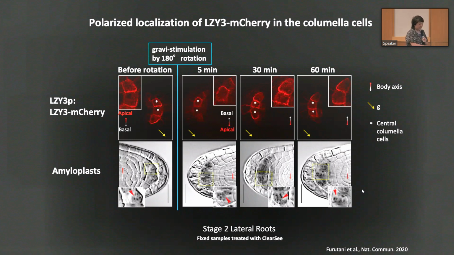At that time, amyloplast displacement was also observed, indicating a strong correlation between LZY3 repolarization and amyloplast sedimentation. Actually, these images were obtained using fixed and cleared samples because it was really difficult to perform live cell imaging of LZY3 in our transgenic lines, probably due to the low expression level.